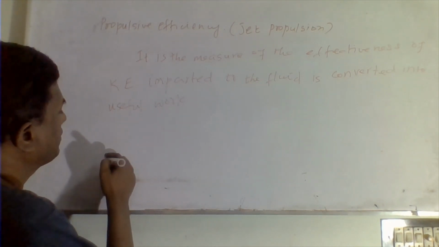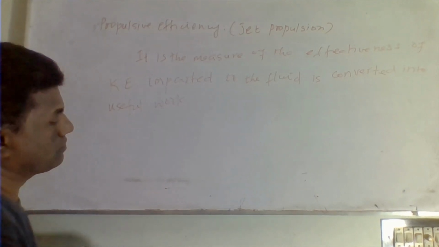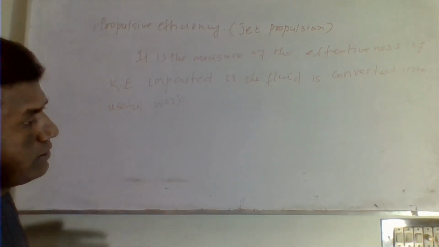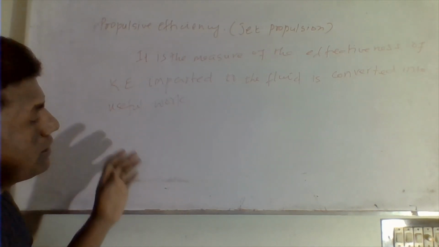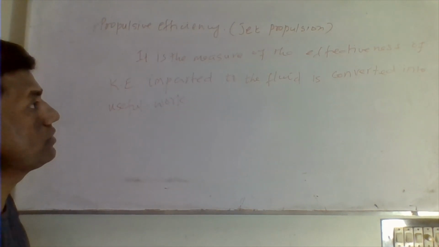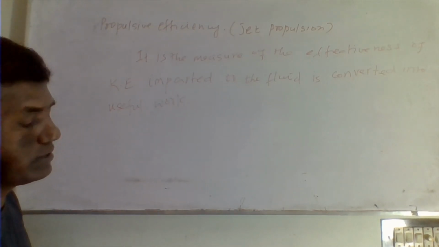For deriving the propulsion efficiency, first of all, we should know the kinetic energy of the energy entering into the inlet and the kinetic energy exiting from the nozzle or outlet. In jet propulsion, the outlet is nothing but a nozzle.